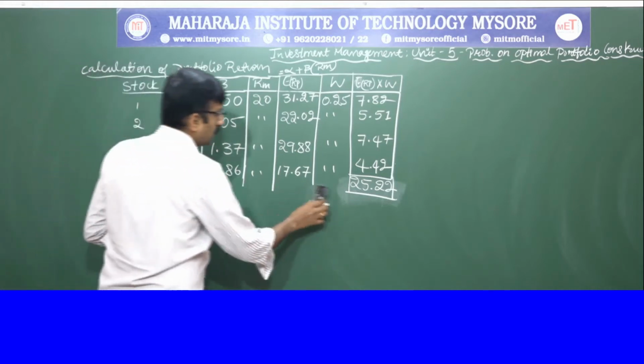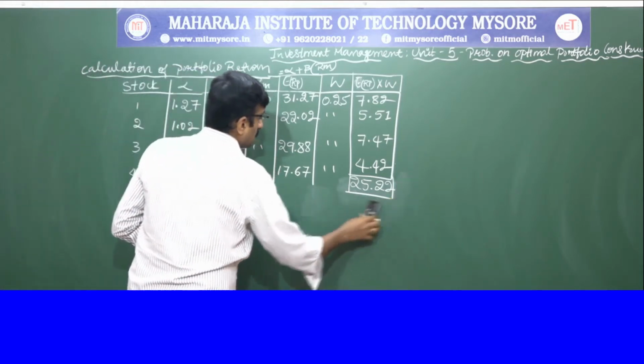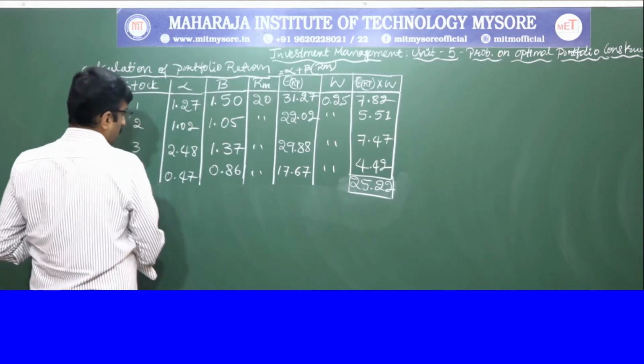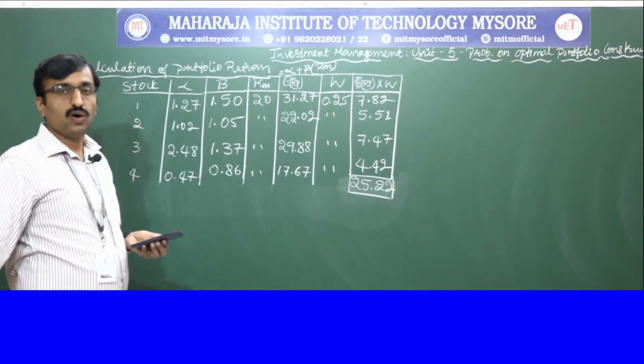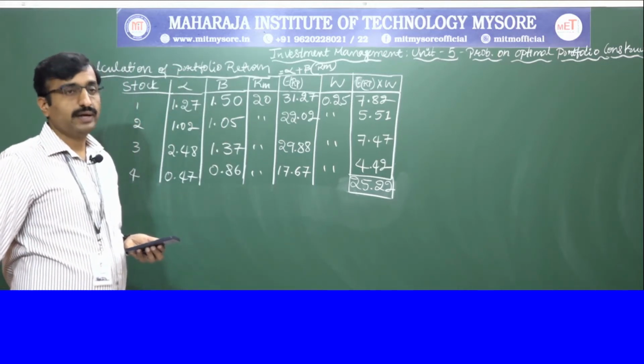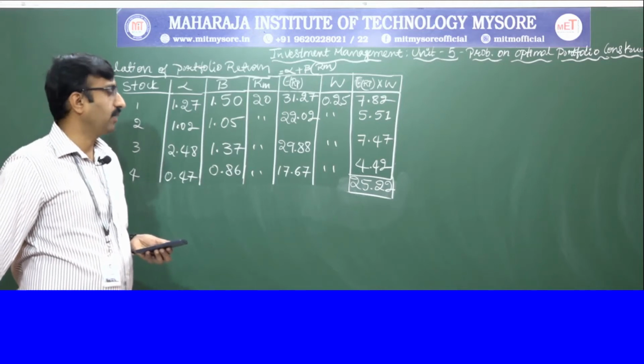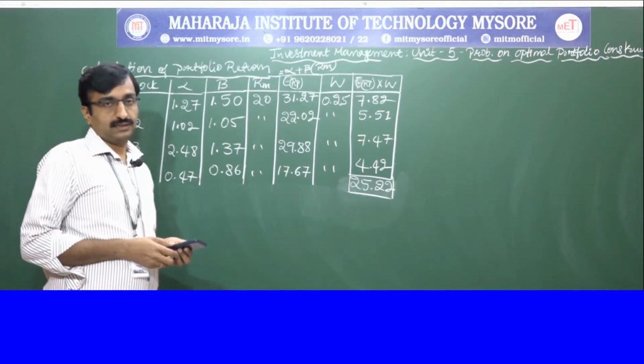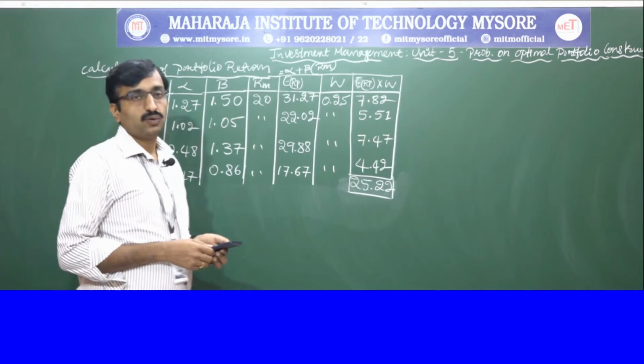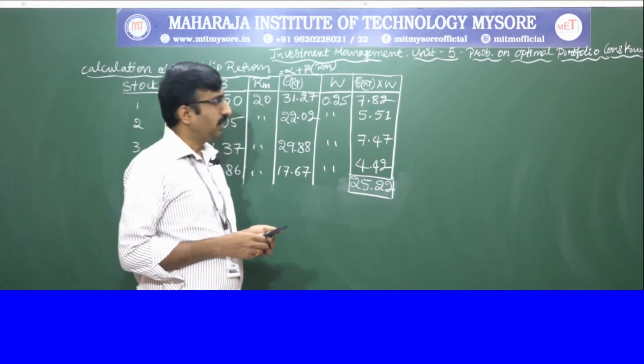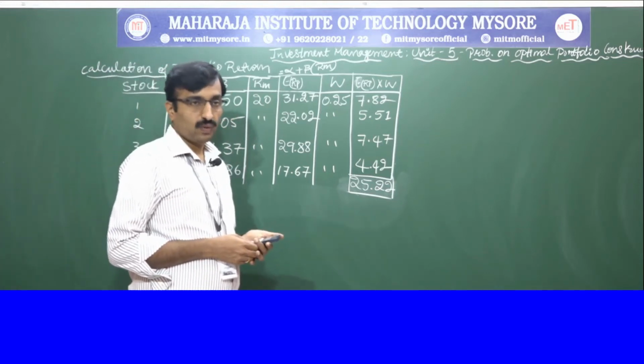Hope you got it. This is the calculation of portfolio return. So portfolio return is 25.22%. Hope you understood. Okay, fine.